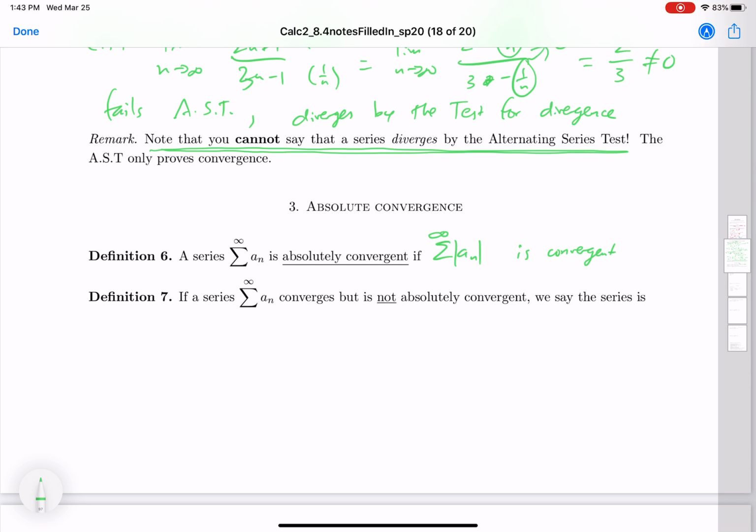Because you might have some negative terms in a series that are counteracting some of your positive terms that make something converge. But if you're taking the absolute value, that means you're making everything positive. Every single term that you're adding in that sequence is positive. So absolute convergence is stronger than just regular convergence.